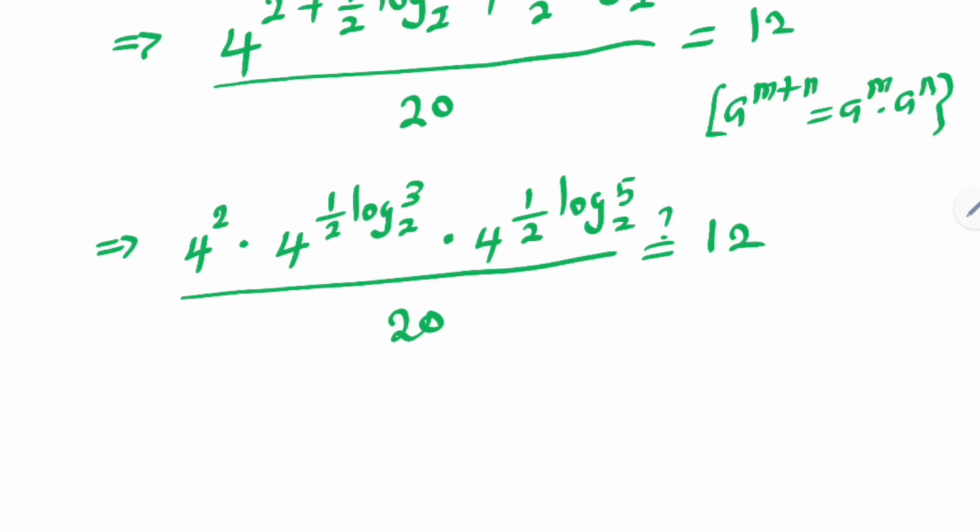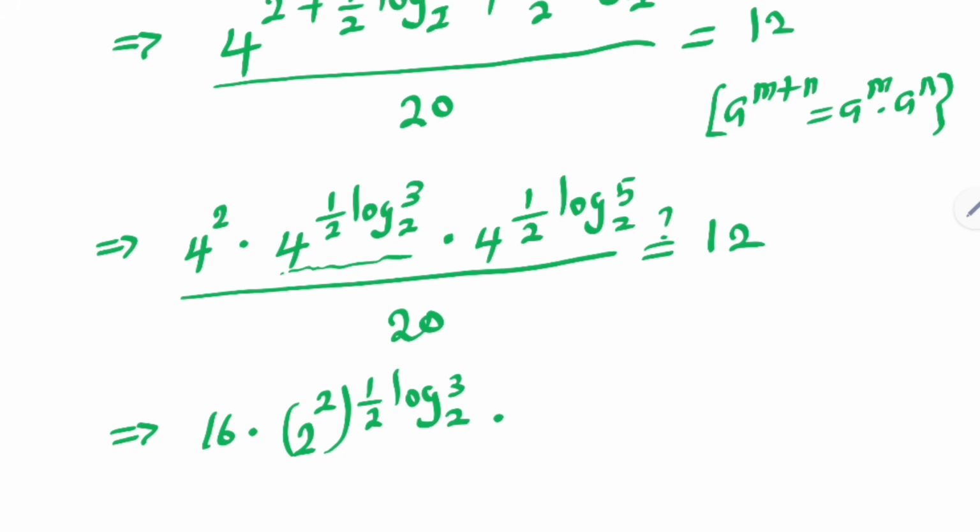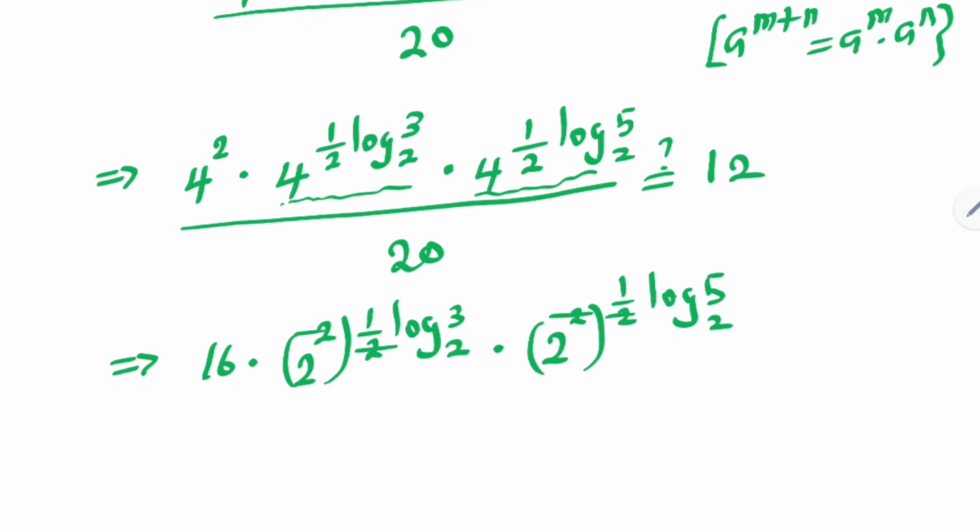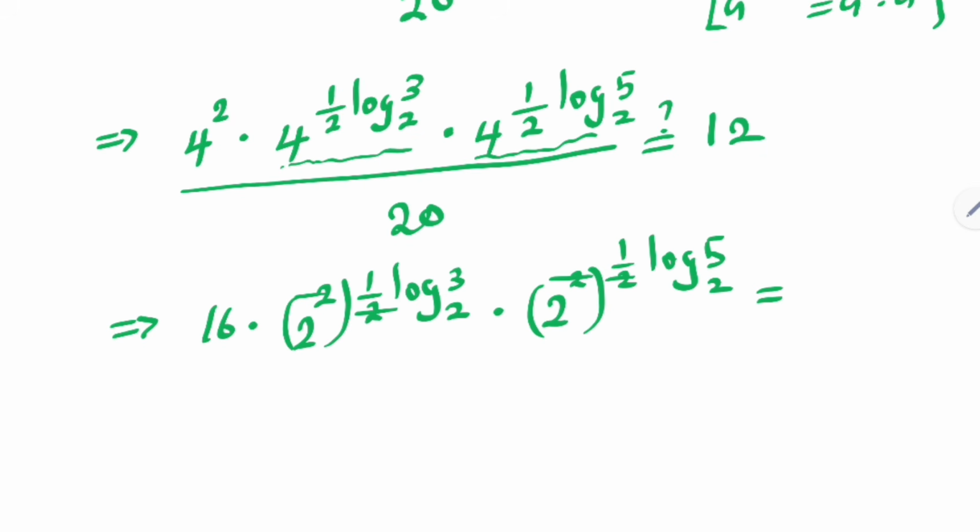4 square, that is 16, multiplied by this can be written as 2 square to the power of 1 over 2 log 3 base 2 multiplied by this can be written as 2 square to the power of 1 over 2 log 5 base 2. These two take care of these two. Must be equal to 12.